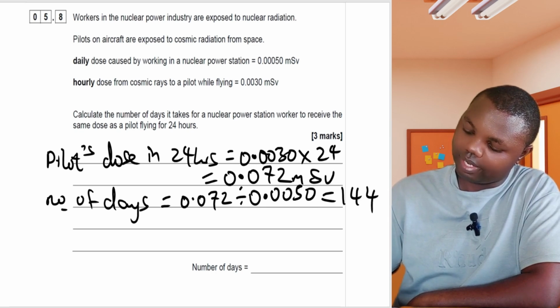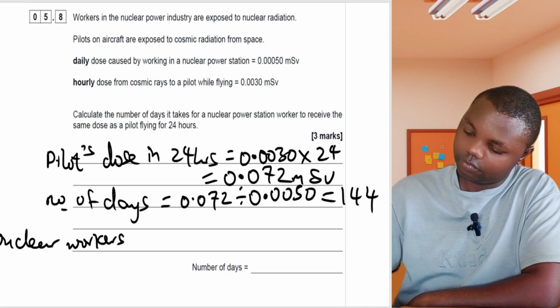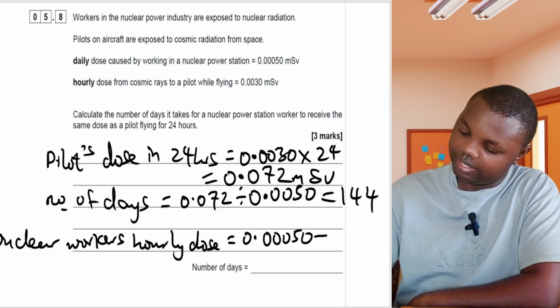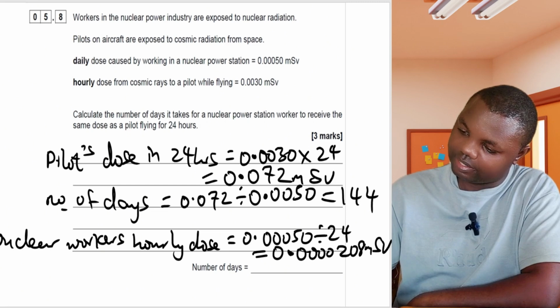Now for the nuclear worker, the hourly dose will be 0.00050 divided by 24, which will give us 0.0000208 millisieverts.